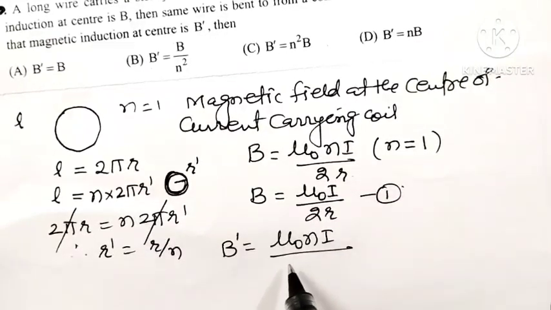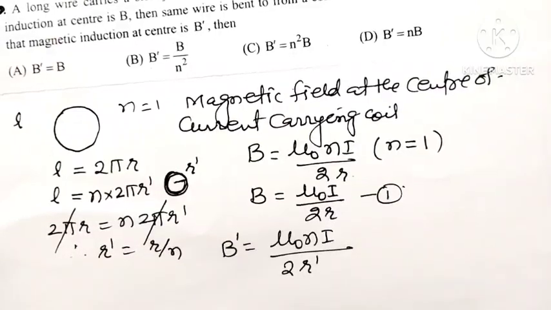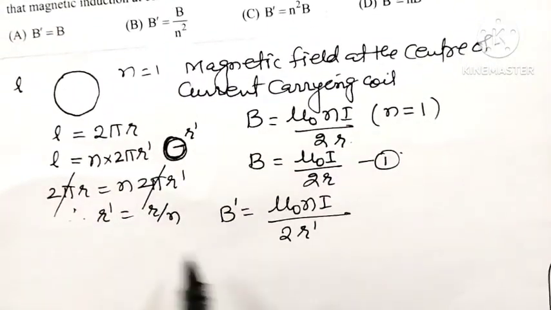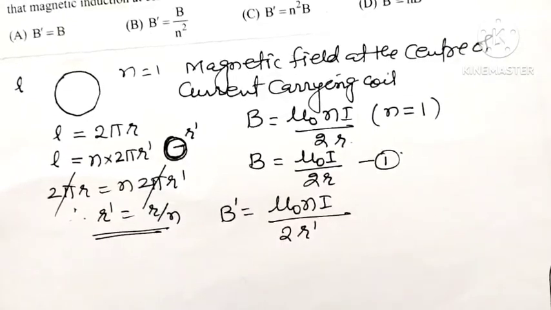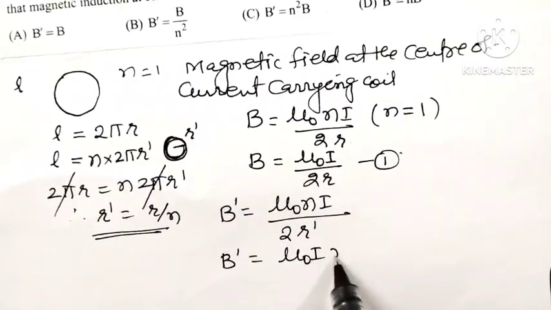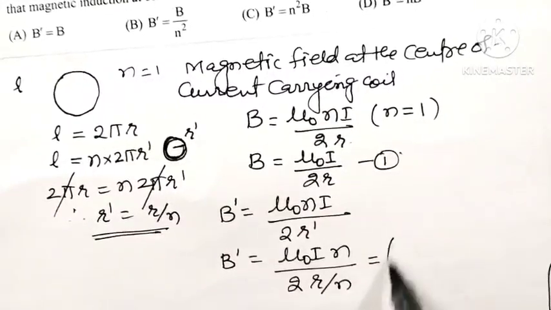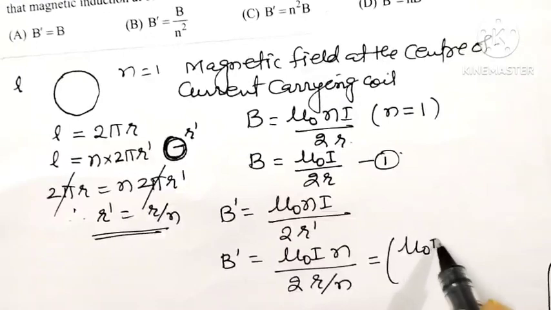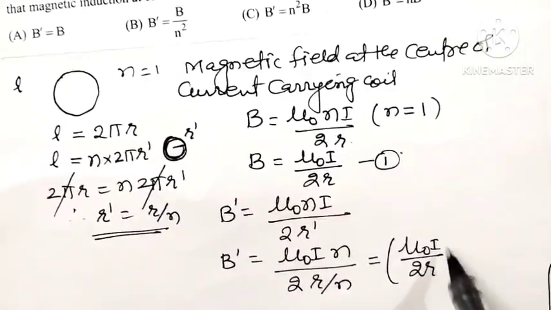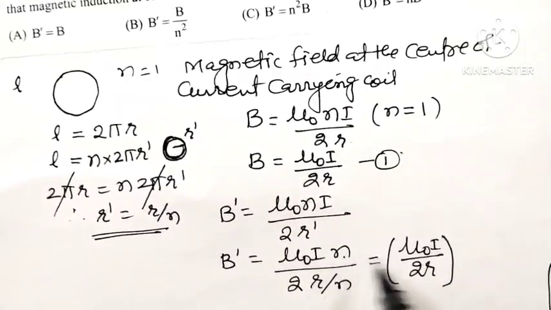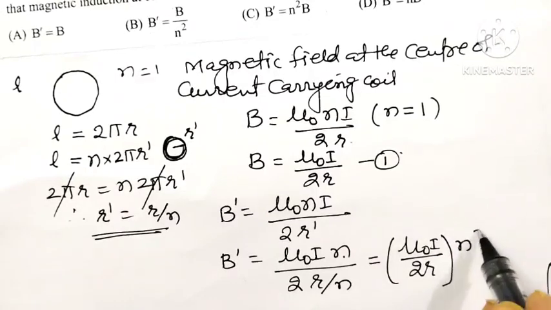But we know r dash is equal to r by N, therefore B dash is equal to mu 0 I into N divided by 2 times r by N. So this N goes in numerator, so we have mu 0 I divided by 2r, already we have N and this N comes in multiplication, so it is N square.